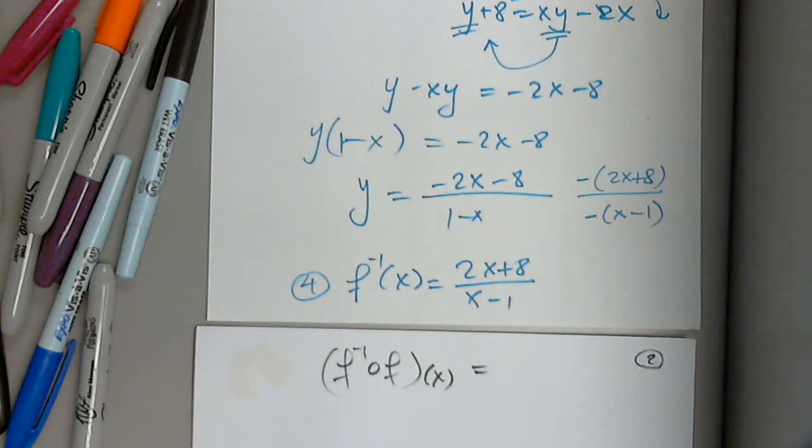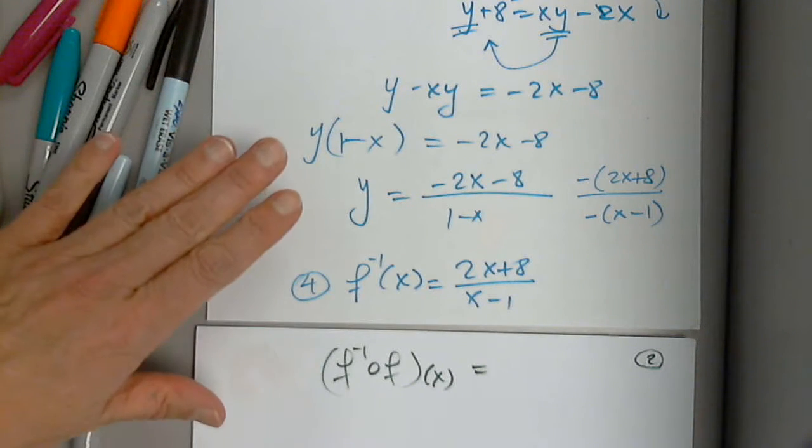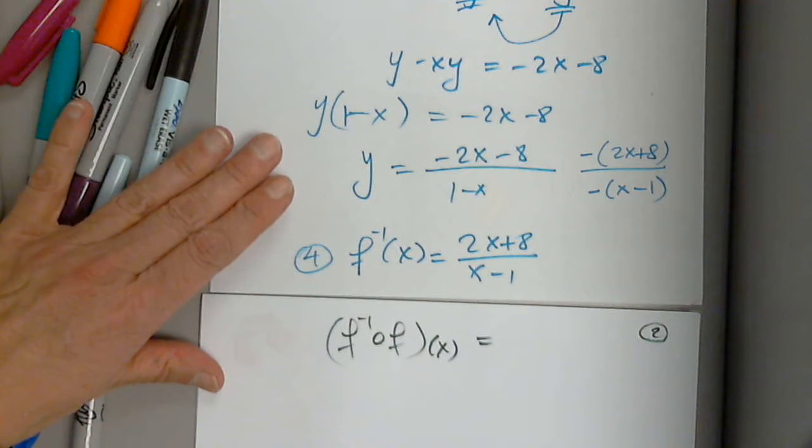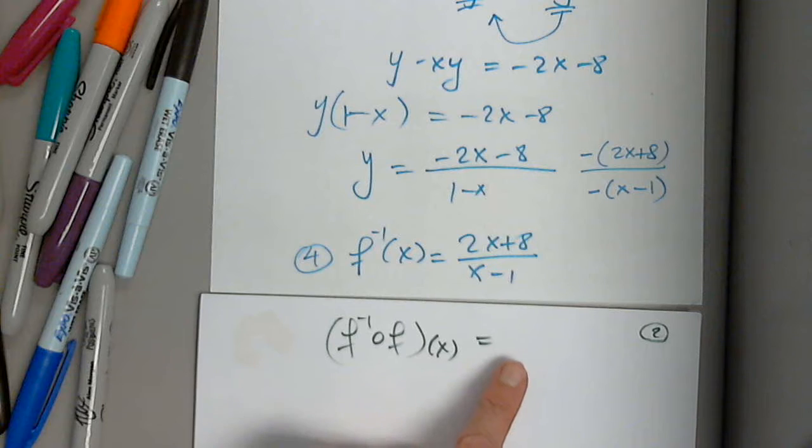We want to show that this equals what? Anyone else? What do we want to show? At the end of the day, we want to show that this equals f of x?